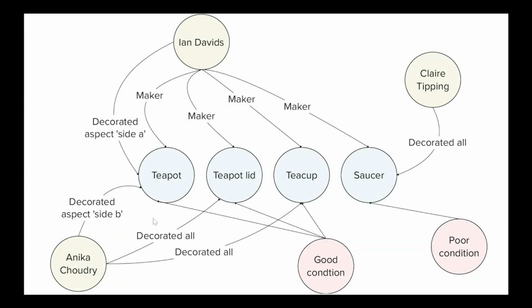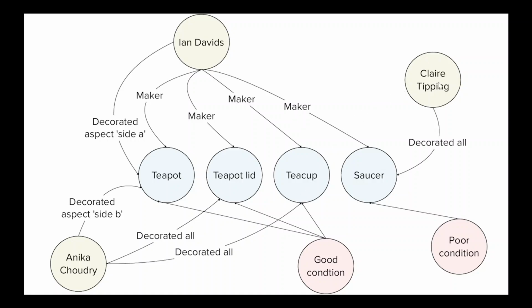This diagram shows the complex relationship our parts have with a series of different people. We can see one artist, Ian Davids, up here at the top. Now Ian made each part, but he also decorated just one side of the teapot, which we'll call side A. The other side of the teapot was decorated by Anika Chowdhury, but Anika also decorated the entirety of our teapot lid and the entirety of the teacup.